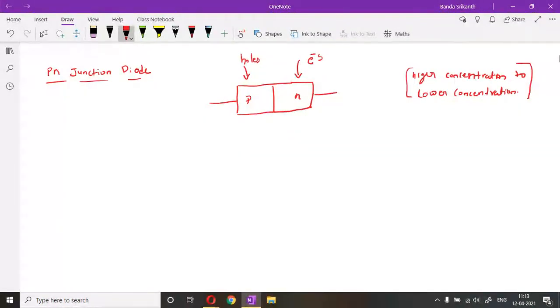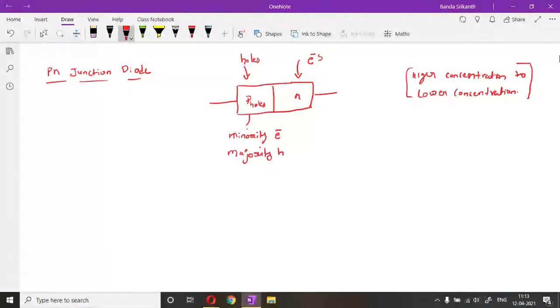Similarly, we already studied that P type material has a majority of holes. Majority of holes means what? Minority of electrons. So minority electrons and majority holes.